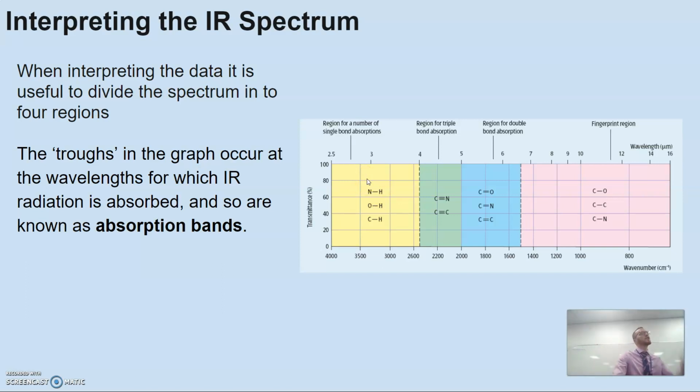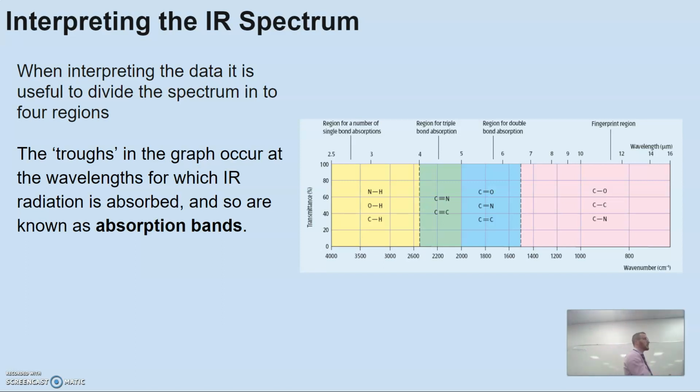The troughs, I want to talk about them as being stretches. There are three things that we can tell. We can tell what the wave number is. We can talk about its strength, right? Strong means it's a really deep trough, a really long stretch.